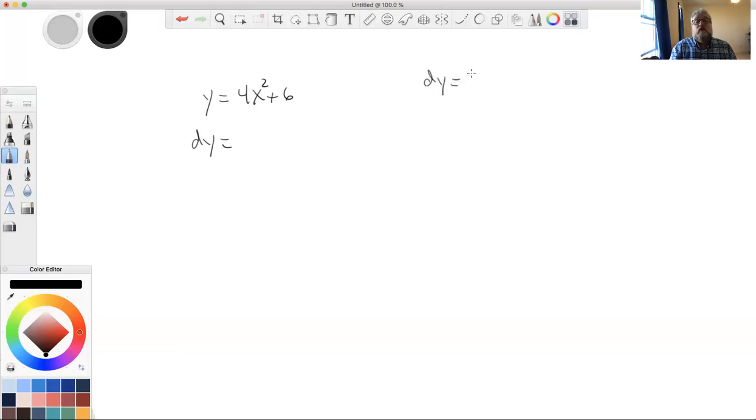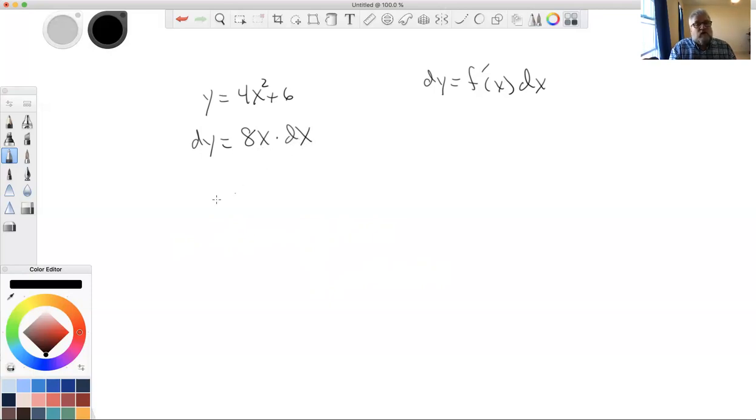The differential of y is equal to the derivative of the function times dx. So the differential of y is going to be the derivative of this function, 2 times 4 is 8, times dx.